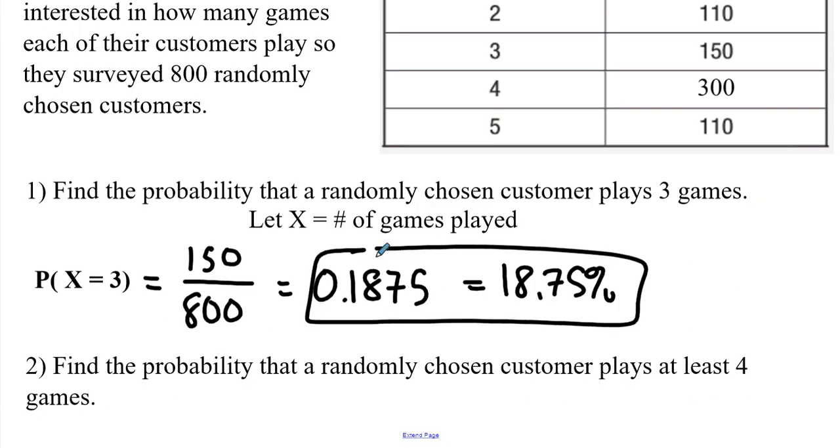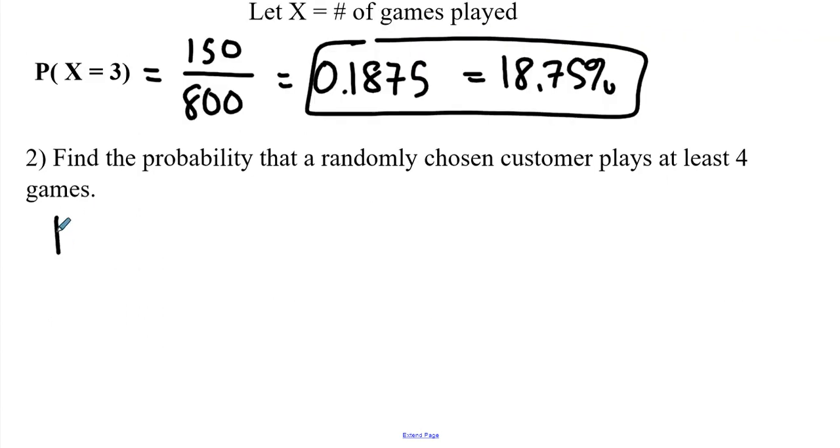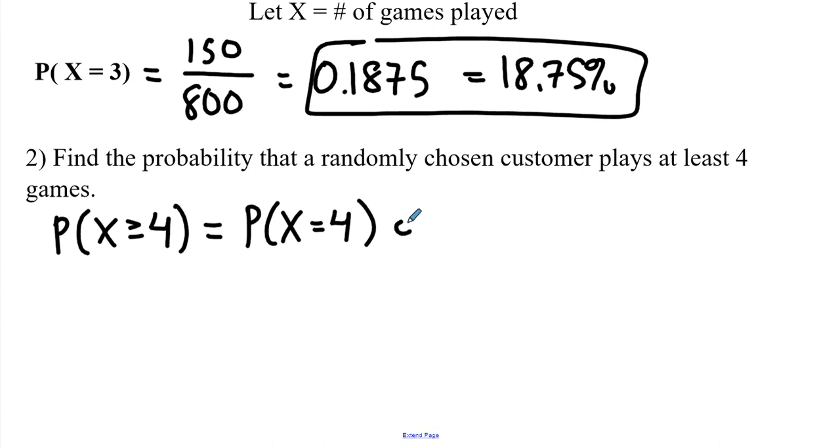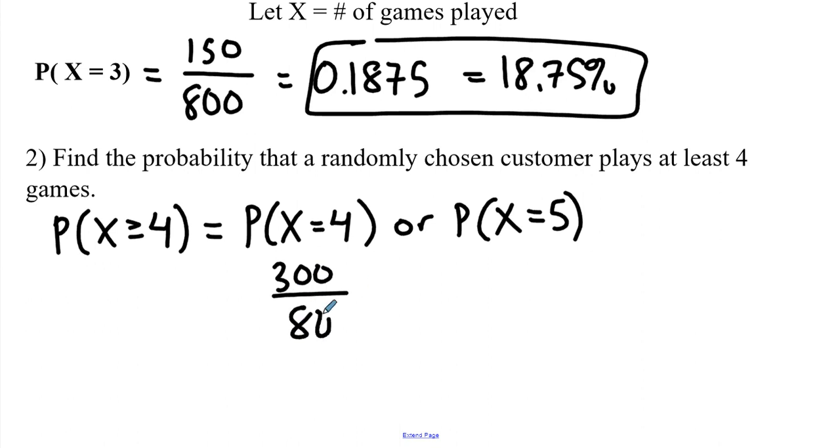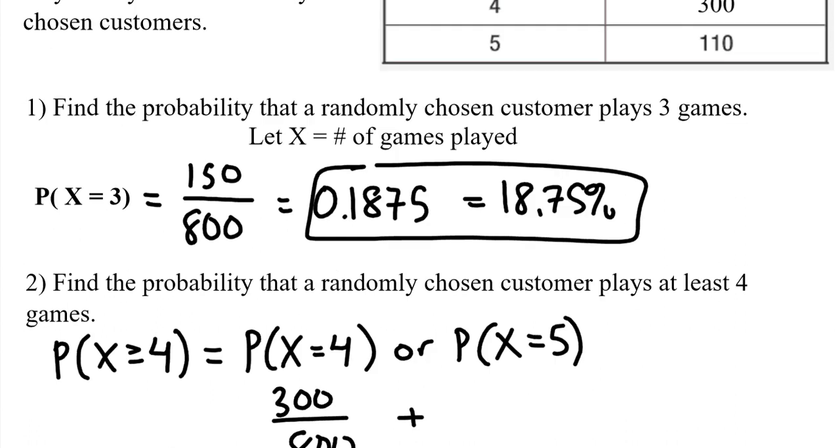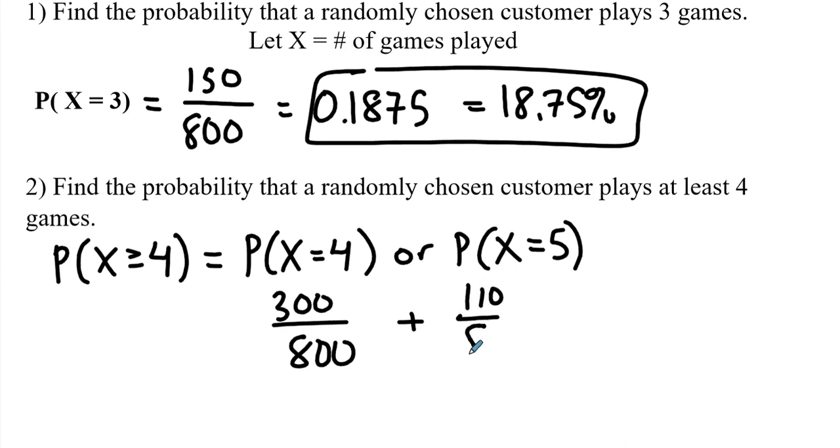Question number 2, find the probability that a randomly chosen customer plays at least 4. That's the probability that x is at least, meaning greater than or equal to, 4. That's the same as saying the probability that they play 4 or they play 5, because the most you can play is 5. How many of them play 4? 300, so this would be 300 out of 800, or, and or means add, 110 out of 800.